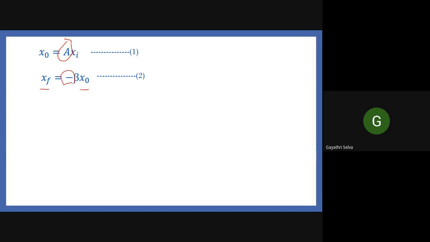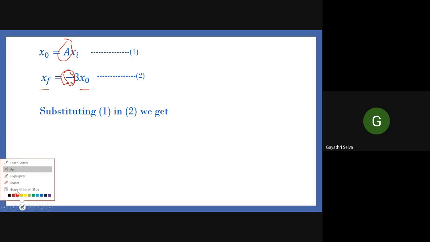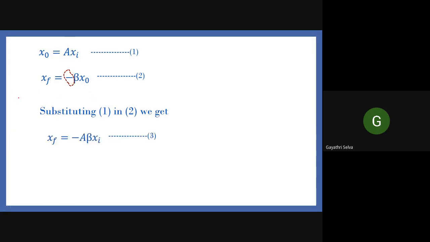This negative sign indicates a phase shift of 180 degrees. If I substitute equation 1 in 2, what happens? Xf becomes equal to minus A beta Xi.